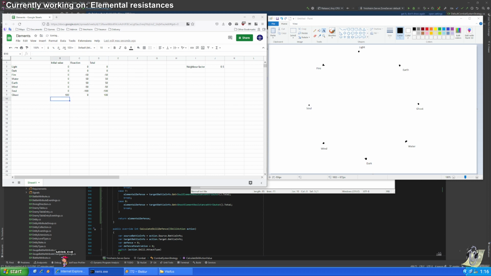If we add 100% ghost, then it's minus 100 soul, then minus 50 wind, minus 50 fire, 50 water, and 50 earth. Okay. 100% wind minus 100 earth. Okay.